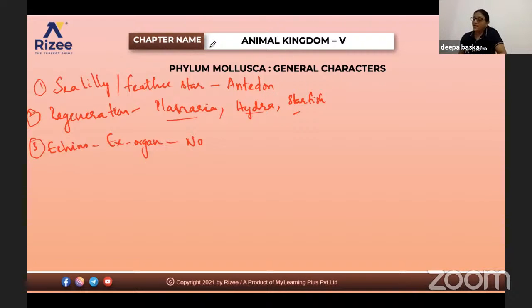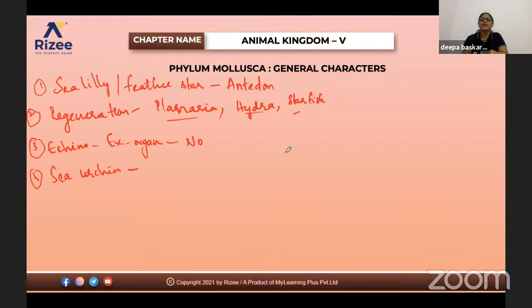Okay. Sea urchin. This is the common name. Sea urchin. Options given are Echinus, Cucumaria, Ophiura, Antedon. Someone.